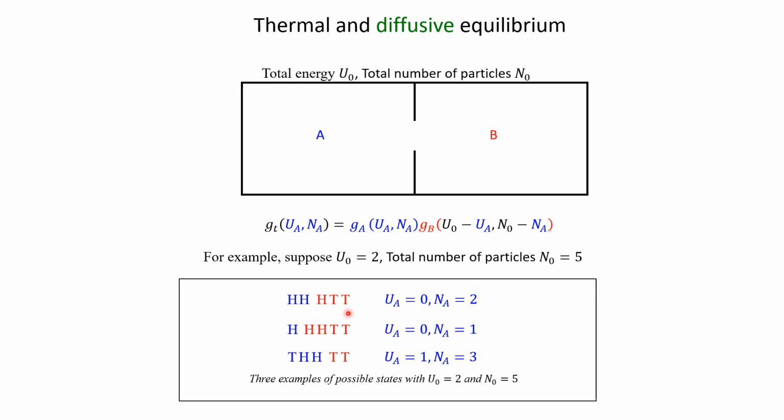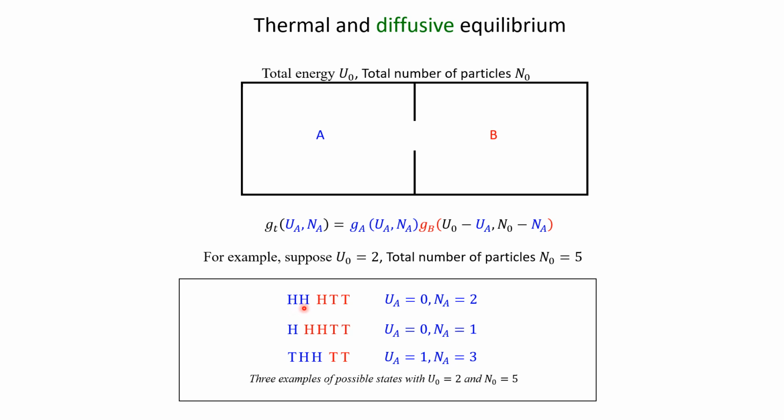In this case, the state of the total system has system A in a state with energy 0, because both coins are HH, and number of particles 2, because we have two coins.